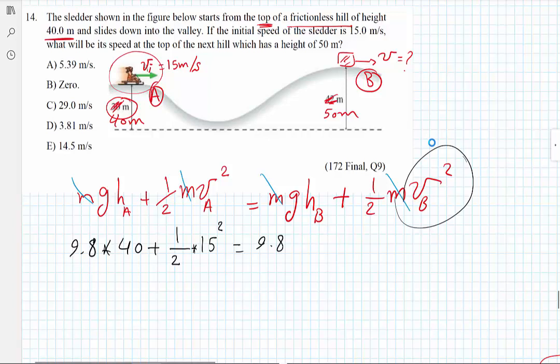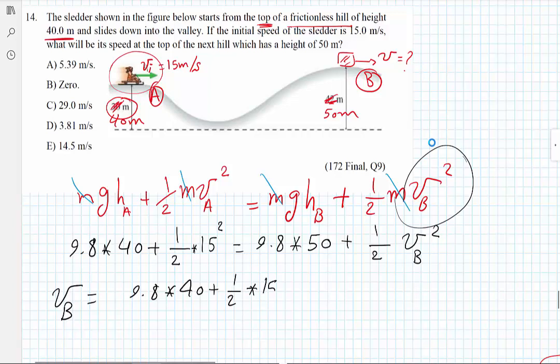VA here is 15 meter, it will be squared, equals 9.8 times HB, which is 50 meter, plus half times VB square. Take everything to the other side and find VB. It will be the root of 9.8 times 40 plus half times 15 square minus 9.8 times 50.